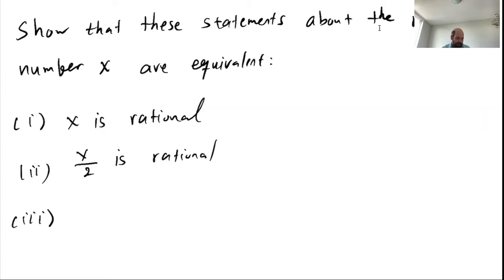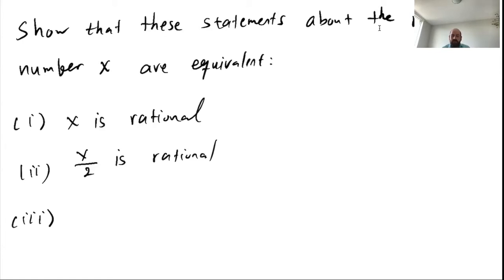I can say that x is equal to a over b for some integers a and b with b not equal to 0. The definition of a rational number means any number of the form a over b, where a and b are integers and b is not equal to 0.